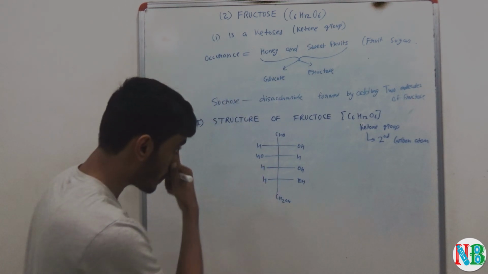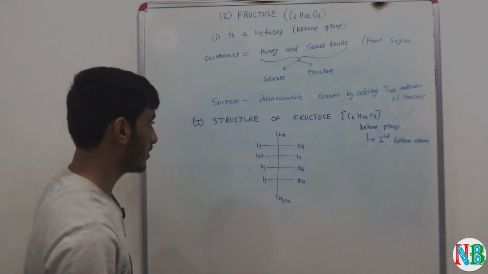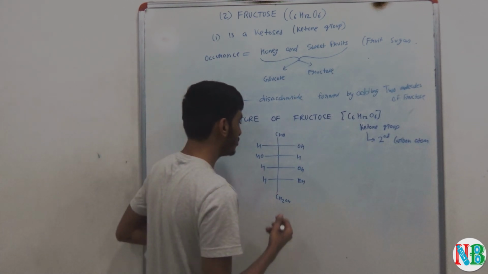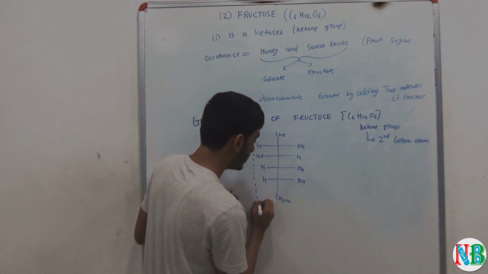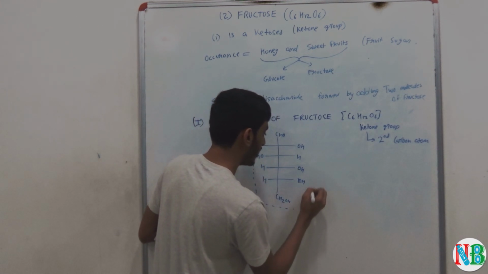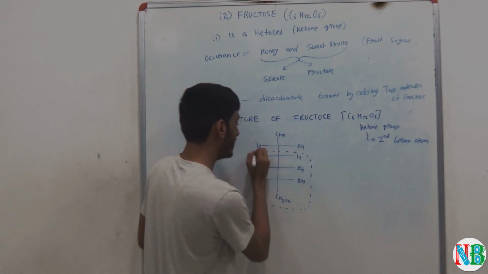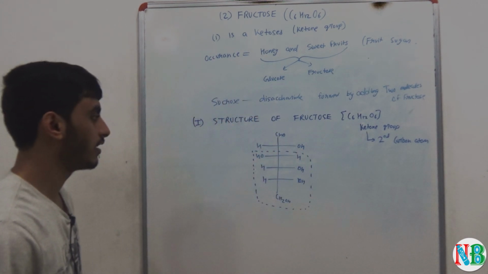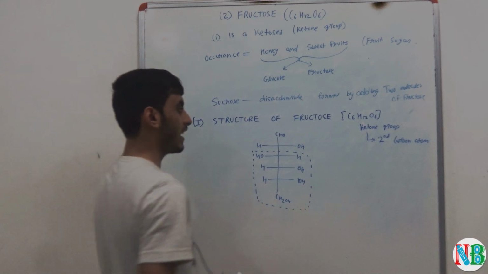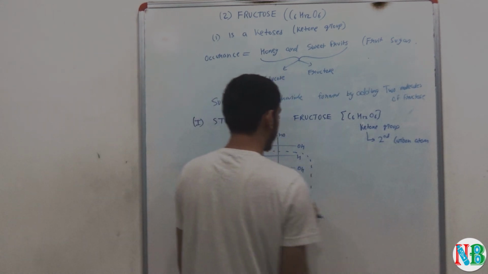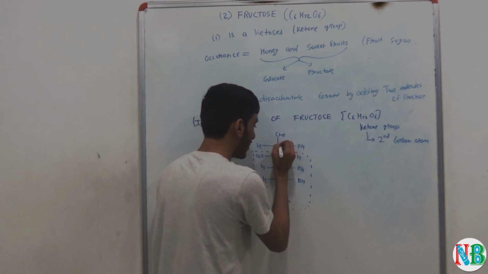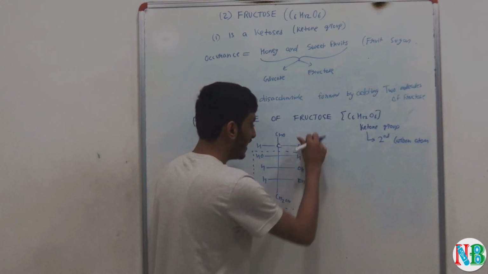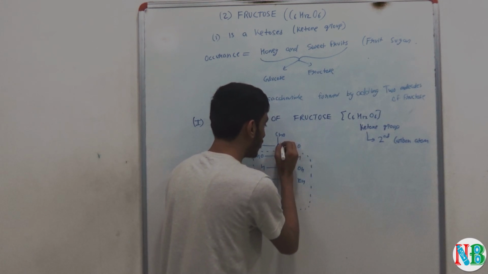You have to keep these 4 atoms fixed. The second thing we saw is that they have a ketone group on the second atom. So just replace this with a C atom. Now this C atom has a double bond over here.